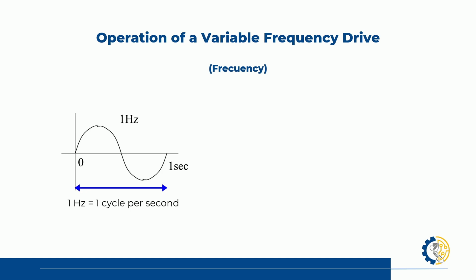Now, this wave change is what is actually going to make my motor be either slower or faster. Okay? While I have more hertz, then my motor speed is going to be quicker. Remember this. The more amount of hertz I have, the more speed I'm going to have in my motor.